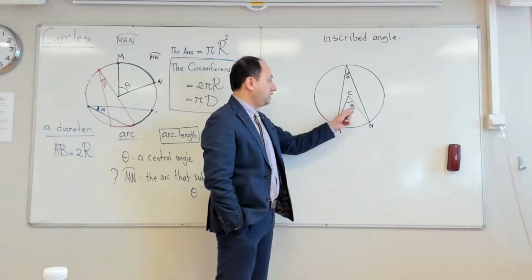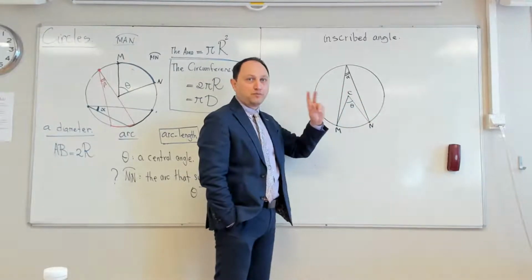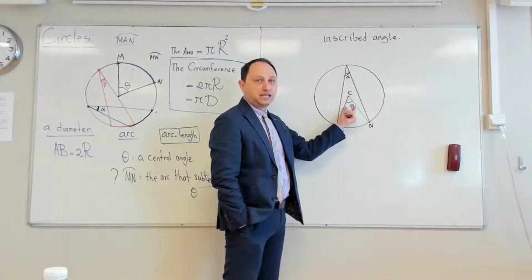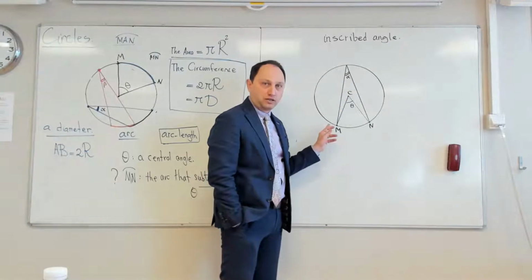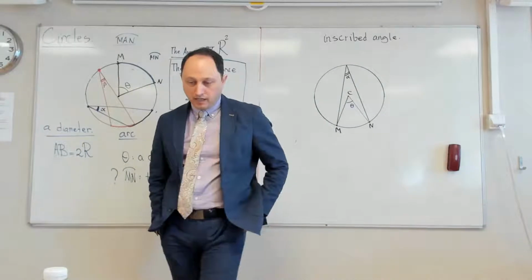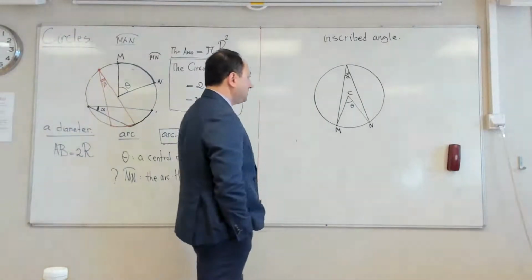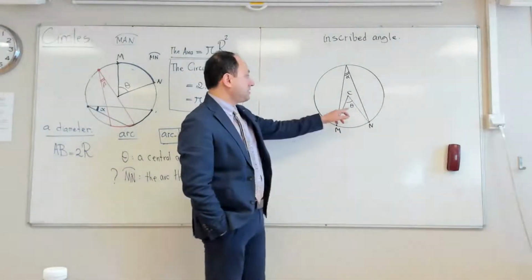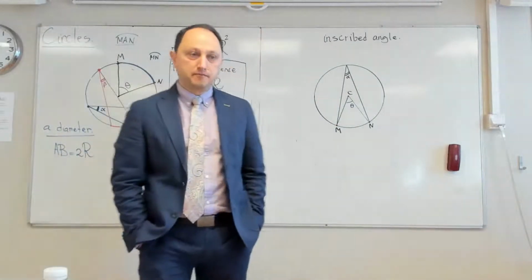I am not comparing any central angle with all the inscribed angles. No, I am comparing the size of a central angle with any inscribed angle that subtends the same arc as the central angle does. This is crucial. If you respect these rules, there is a very nice relation between this theta and this alpha, and we want to discover that.